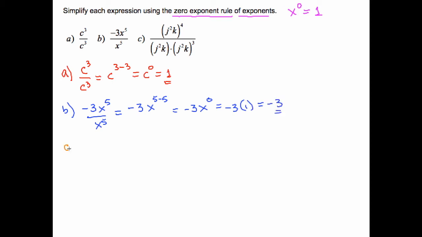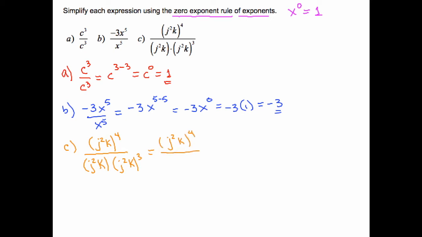On part C, I have the base of j squared k raised to the 4th, divided by a product, j squared k times the base j squared k raised to the 3rd. Now notice I do have a common base, which is j squared k. So I'm going to leave the numerator as j squared k raised to the 4th.